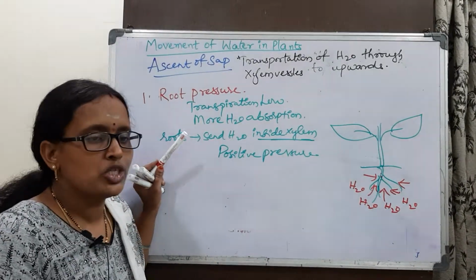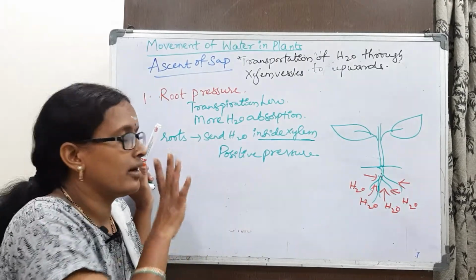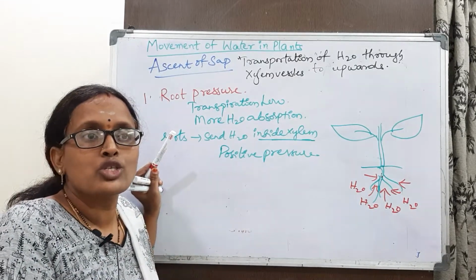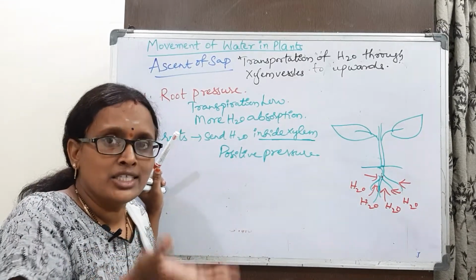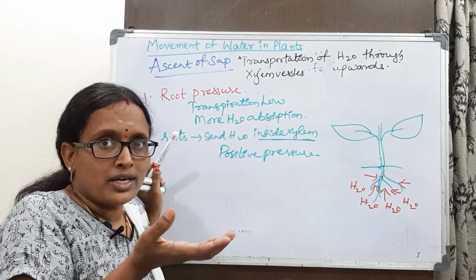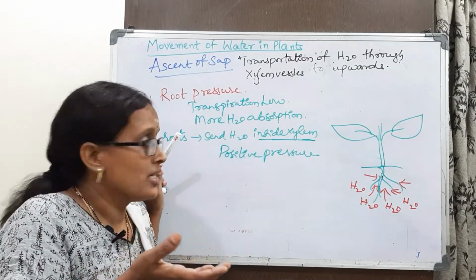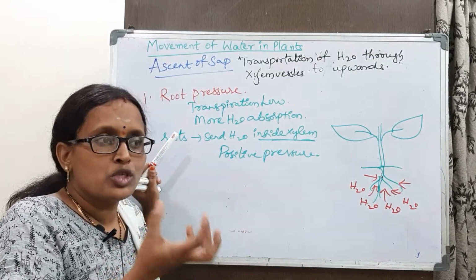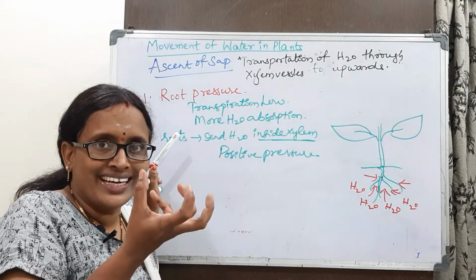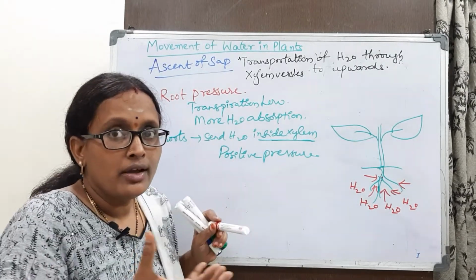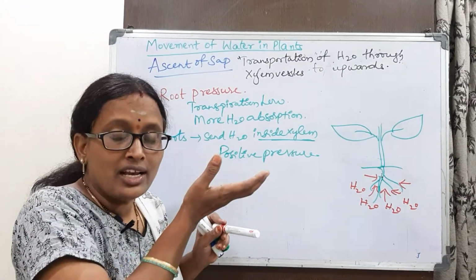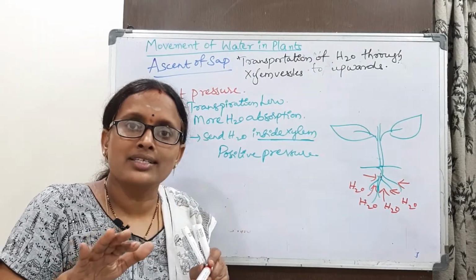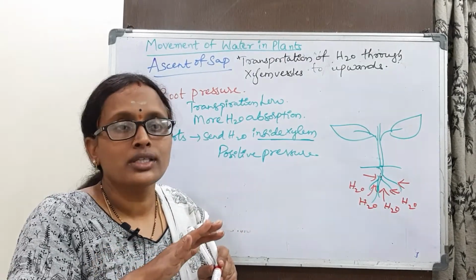In small herbaceous plants, what we are discussing is root pressure: how the water is transported, how it reaches the topmost parts and all the branches. Root pressure, created by the roots absorbing water, helps push the water only to some heights, in herbaceous plants, not in tall plants.